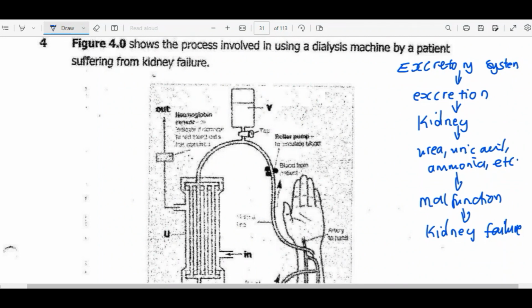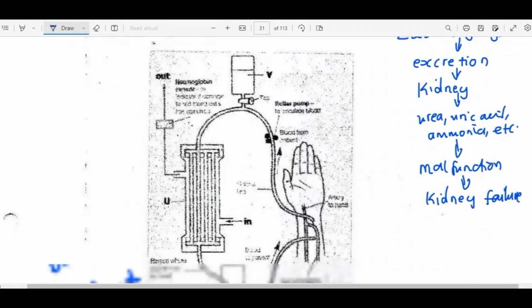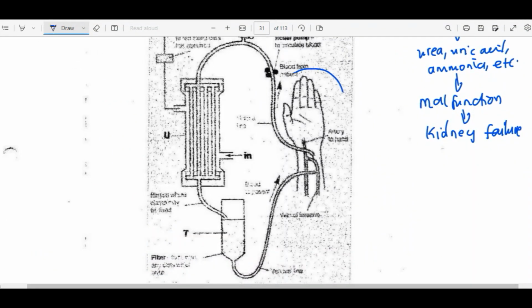Before we look at the parts of the machine, first let's look at what happens. How is this machine connected? We are able to see that it is connected to the arm. This dialysis machine takes the patient's blood.